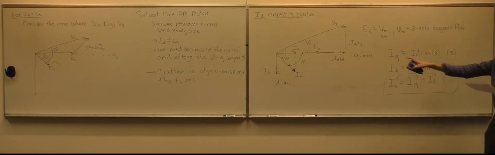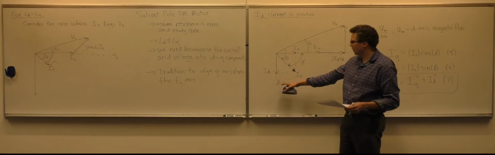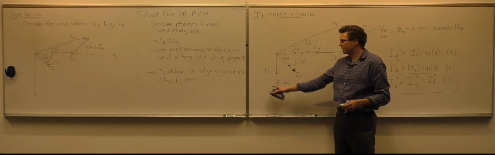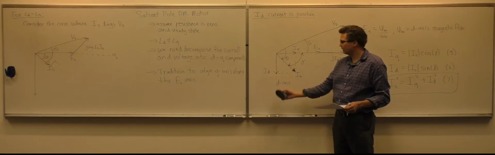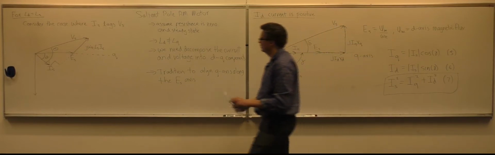Now, if the current is negative, this is the positive d-axis down here. So when we say that we have a negative d-axis current, that's up. That's the definition that the US uses.